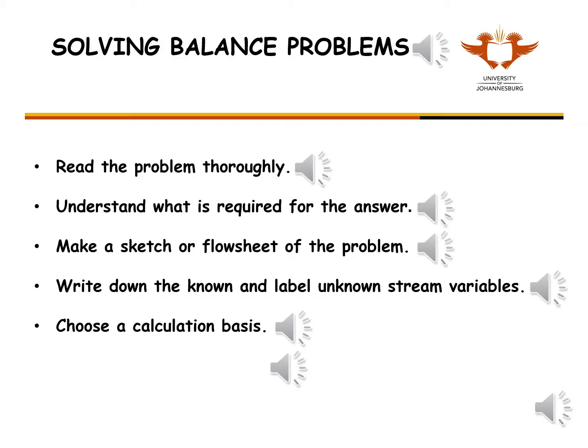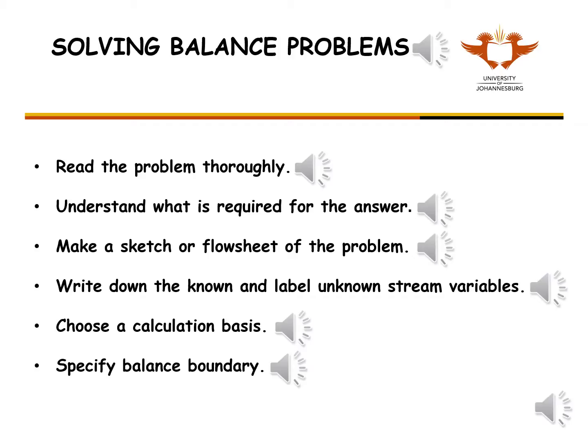If you are not given a flow rate, or an amount, you may have to choose a basis, such as 100 kilograms. Draw a dotted line around your plant or processing unit.